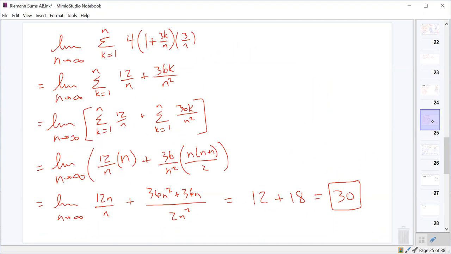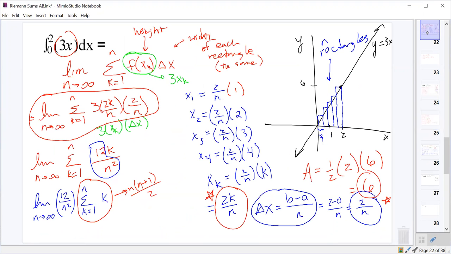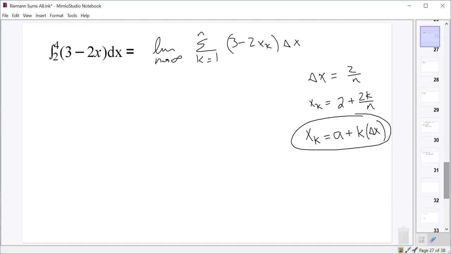And if we look at this one, our x sub k was a 1 plus k times delta x. And same here, our x sub k was a, which was 0, plus k times delta x. So that's what that will always equal. So this will be helpful for you to memorize, that delta x is b minus a over n, and x sub k is a plus k delta x. Everybody good there?